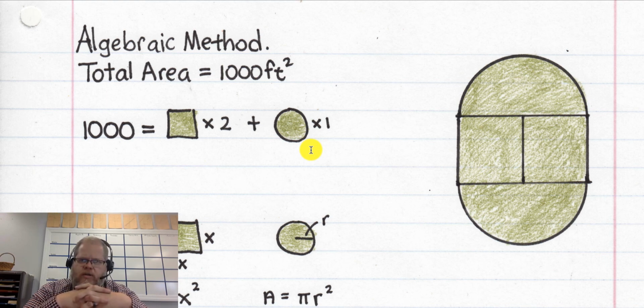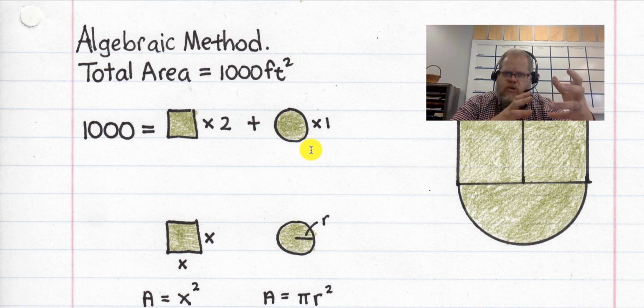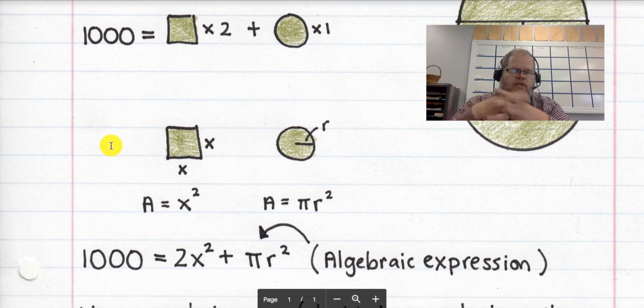So now let's focus on the squares individually, and let's focus on the circle individually. Now hopefully they've got some geometry connections that they can make. The area of the square, well, let x represent the side length of the square. But they can also use the variable name side length, just as they did from the laboratory.